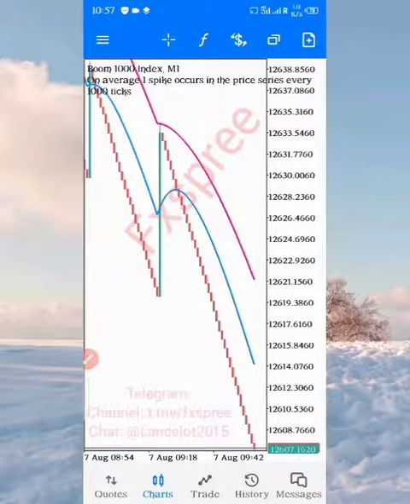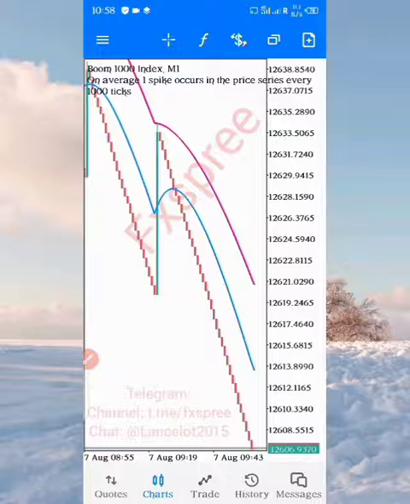What is important here is taking the two instructions given. This strategy I'm about to drop is only suitable for when the trend is against its default trend. For instance, we all know that by default, Crash 1000, 500, 300, they buy.